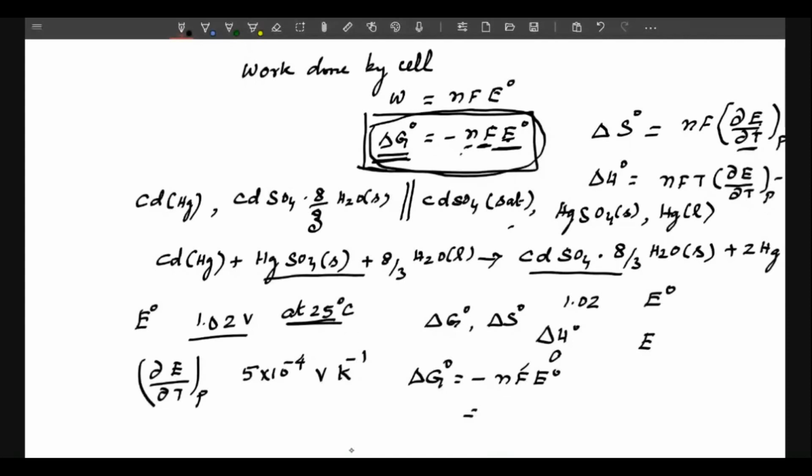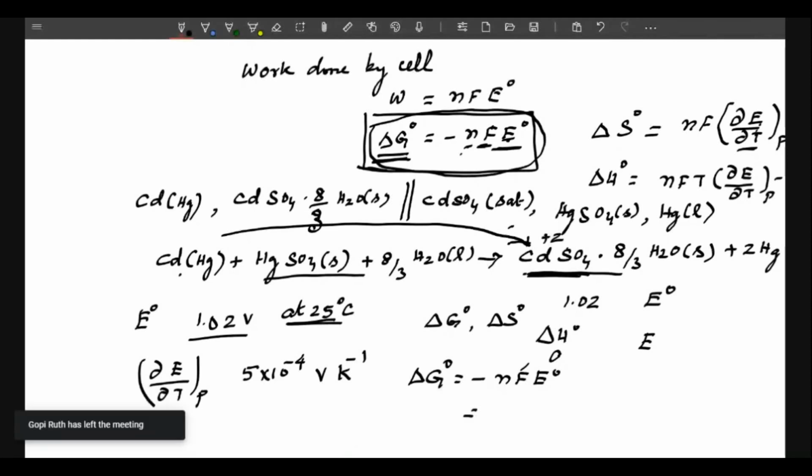Either you can take the oxidation of the cadmium, solid cadmium amalgam. Here in the amalgam, in a solid state, the cadmium is in zero state. But in the substance, here cadmium is in which oxidation state? +2 oxidation state, because sulfate is 2 minus, cadmium is +2. In this process, 2 electrons are involved.